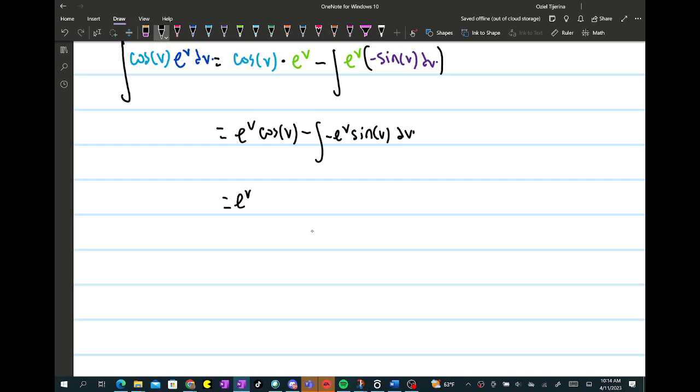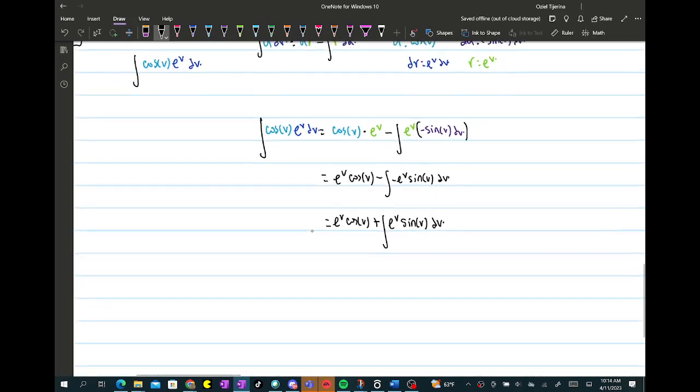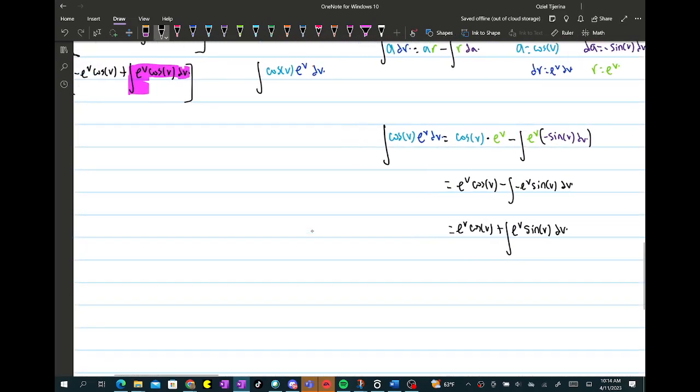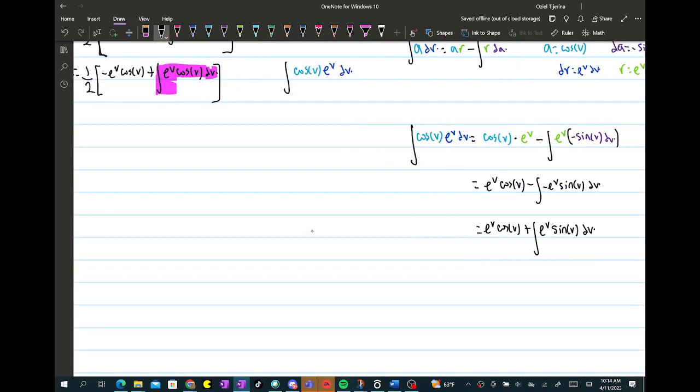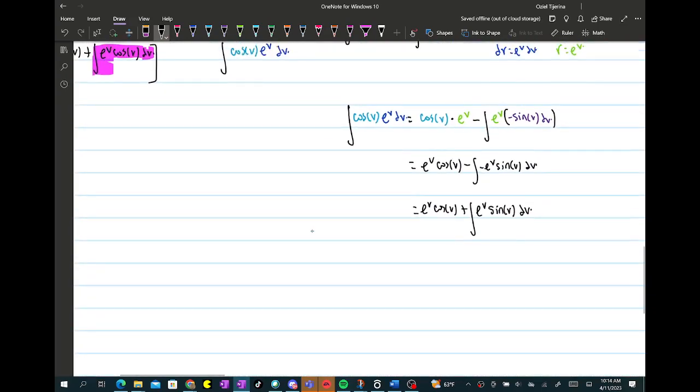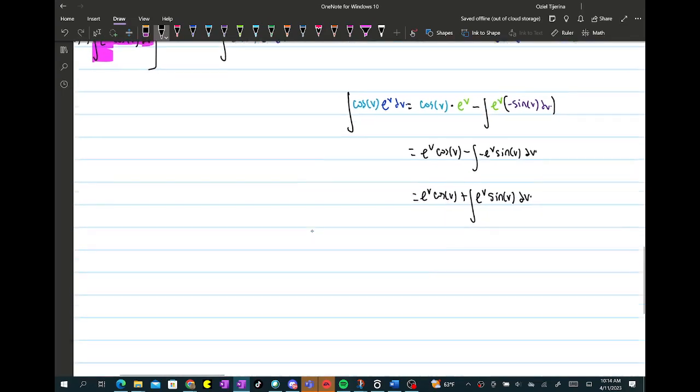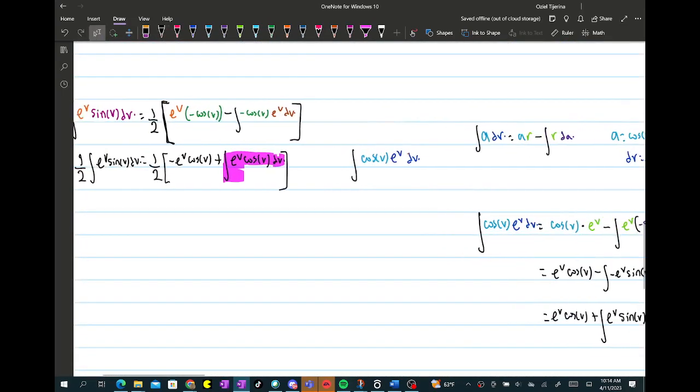We have e to the v cosine of v plus the integral of e to the v sine of v dv. Okay, so that is what the integral of cosine of v e to the v dv is.